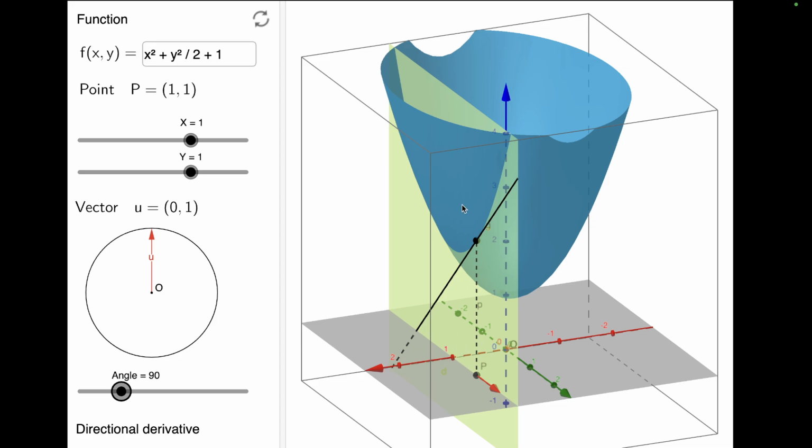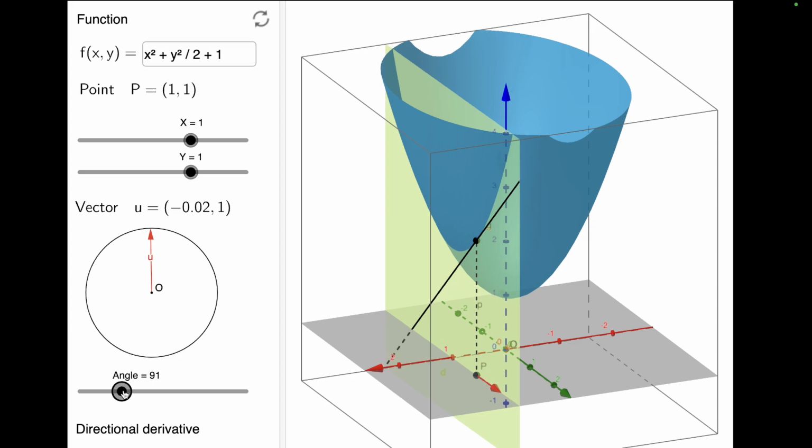This is the vertical plane parallel to the yz plane. So the slope of this tangent line represents del phi del y at this point.